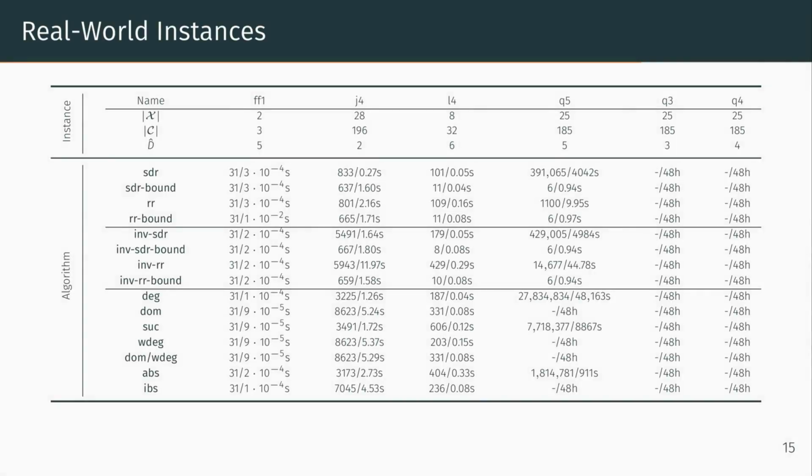This is the experimental result for real-world instances. So this is a really small one, so everyone terminated pretty quickly. And these 2 are pretty difficult to solve, so all of them have timed out at 48 hours.